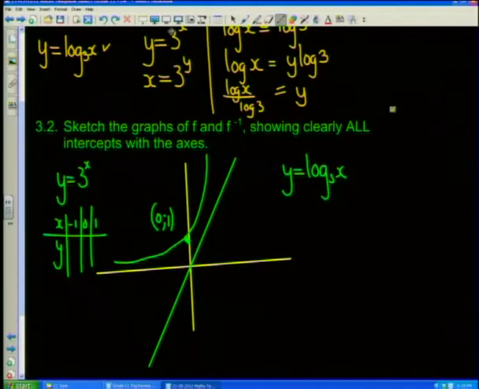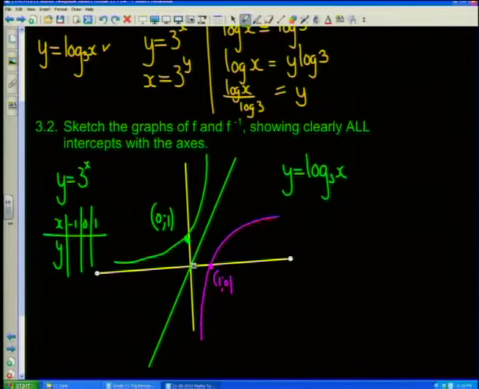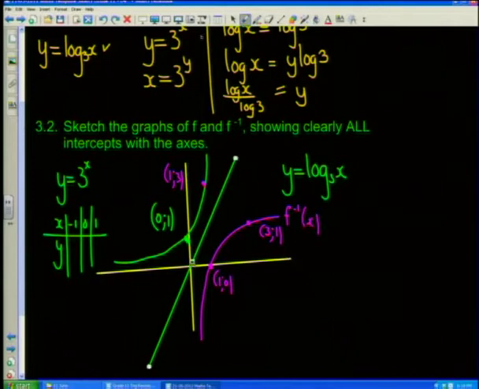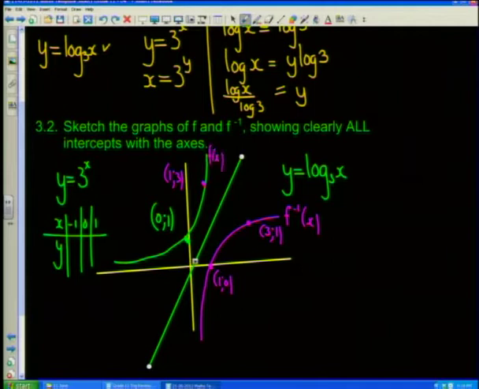So there's my line y equals x, and if I take the reflection, this point reflects to there and becomes the point 1, 0, and then the log graph looks something like that. So for example, where on this graph we've got the point 1, 3, on this graph we've got the point 3, 1. And of course, I'm just going to give that as the inverse, and I'm going to give that as f of x.